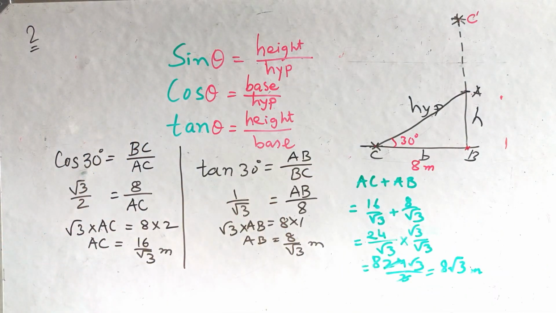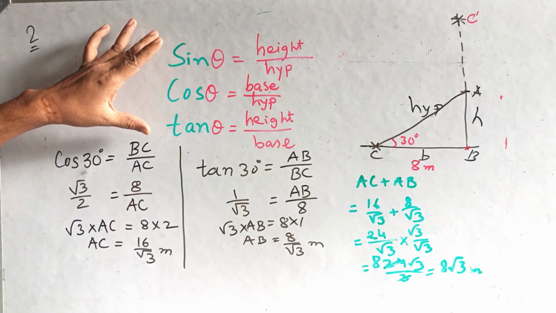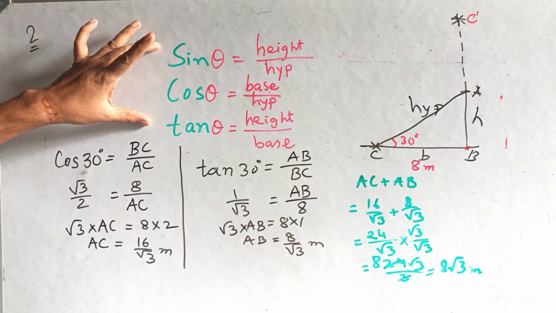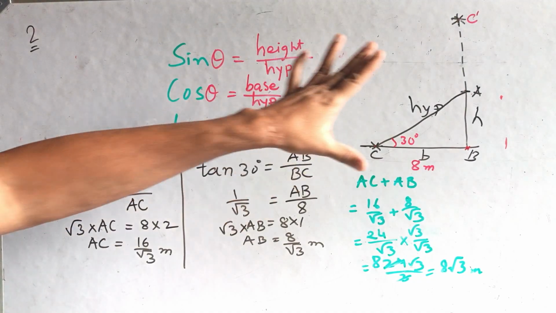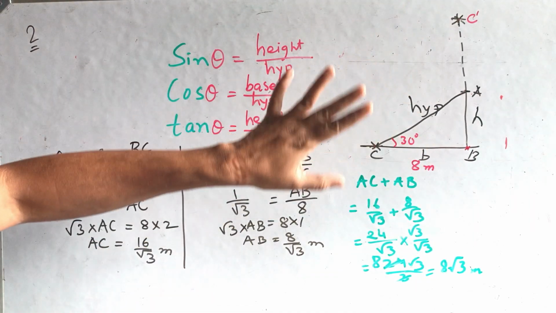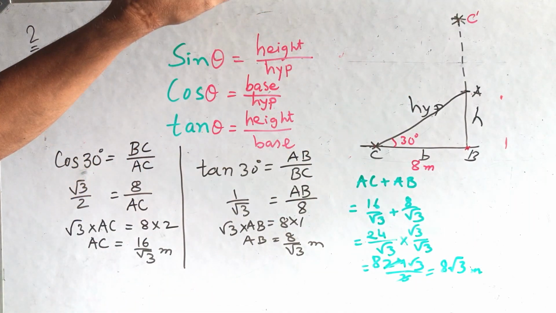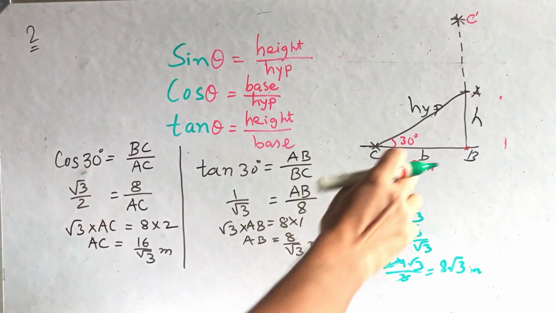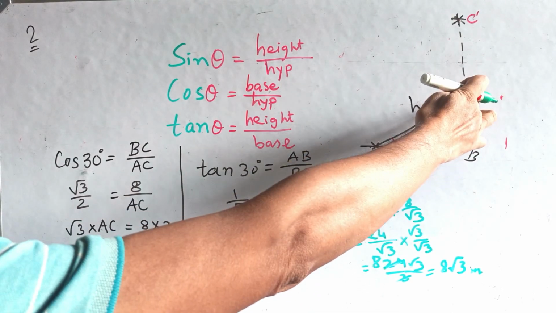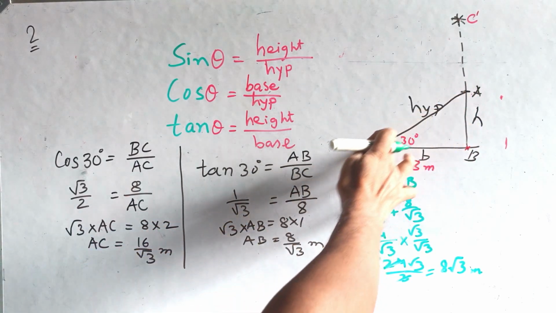This is the answer. Have you seen that all of this came from the basic definition, and then replacing the values, understanding the problem? First, to understand this, it is asked to find the height of the tree, and now the tree is broken. Earlier it was like this, now it is broken, and this is one part and that becomes another part.